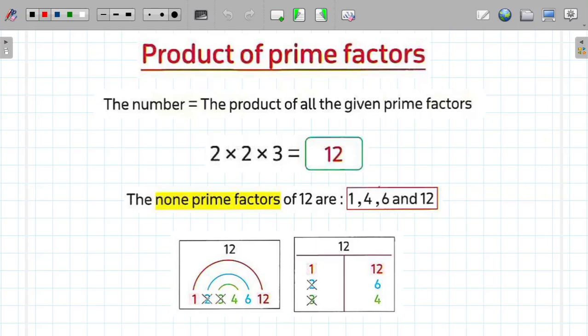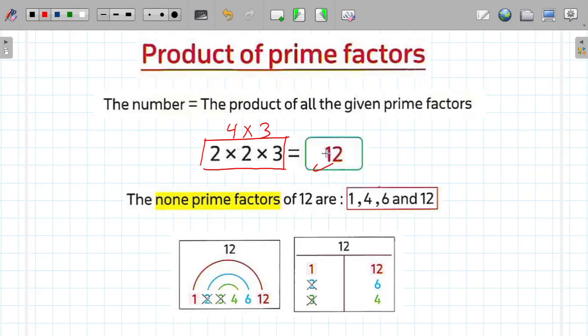So I have an example like this here. 12. 12 equals 2 by 2 by 3. So it will give me this form and I want the number. Okay? So I will say 2 by 2 equals 4 and 4 by 3 equals 12. So the number is 12.